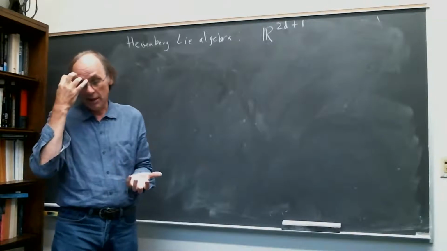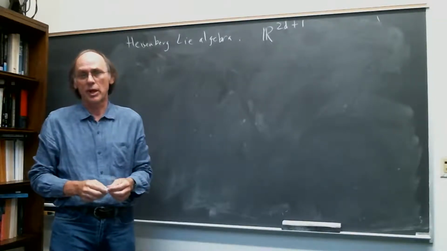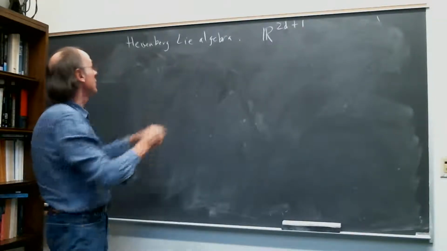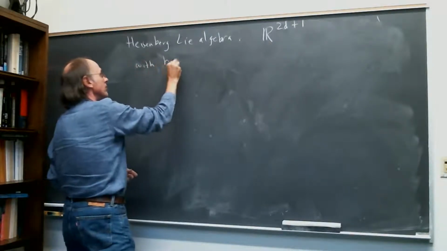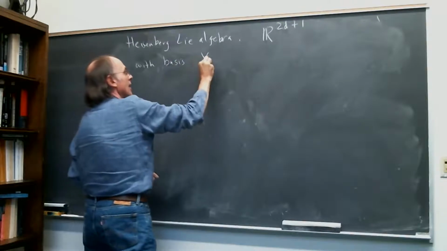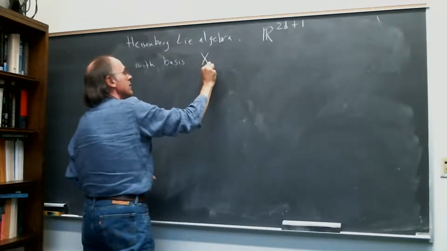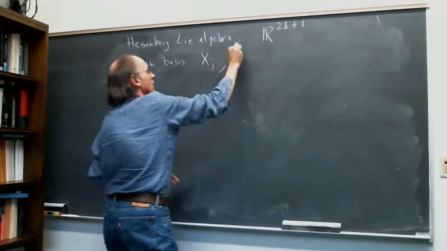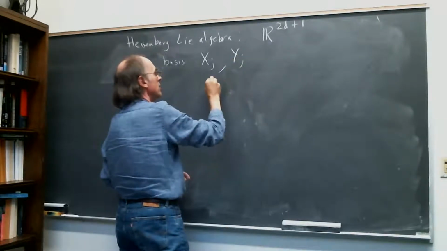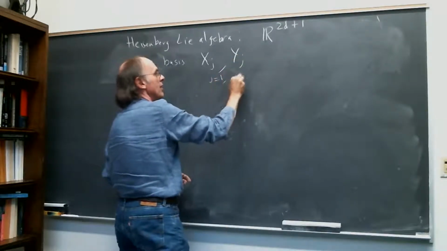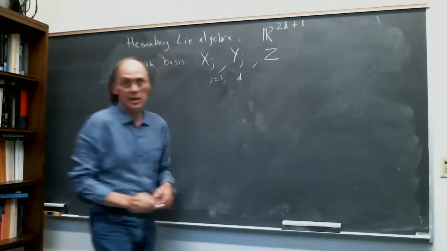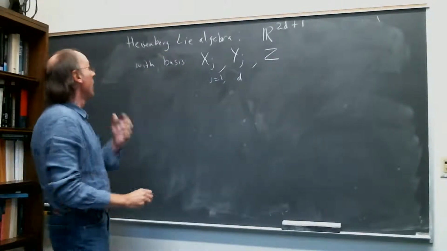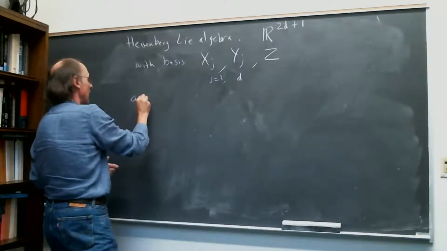As a vector space, the Heisenberg Lie algebra is this, but it has some non-trivial bracket relations on it. So you choose a basis, X_j, Y_j, where j runs from 1 to D, and an extra element Z, and a Lie bracket.